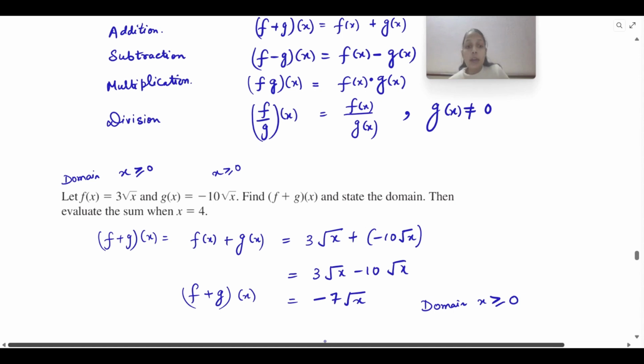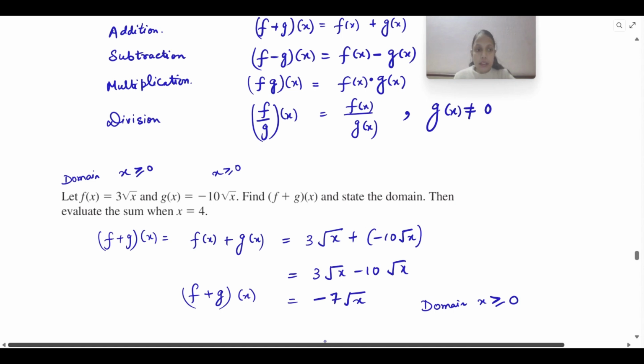Sometimes some values are not in the domain of the original f and g, but when we combine, that value exists, but still we have to remove those values. The domain of a function after operation may include the domains of the individual functions. You have to combine them all and check what is the common answer.